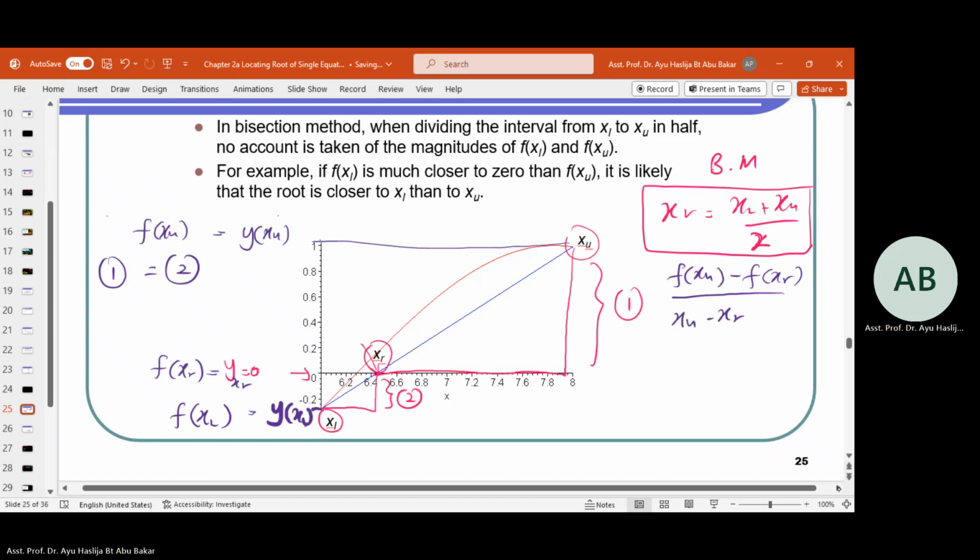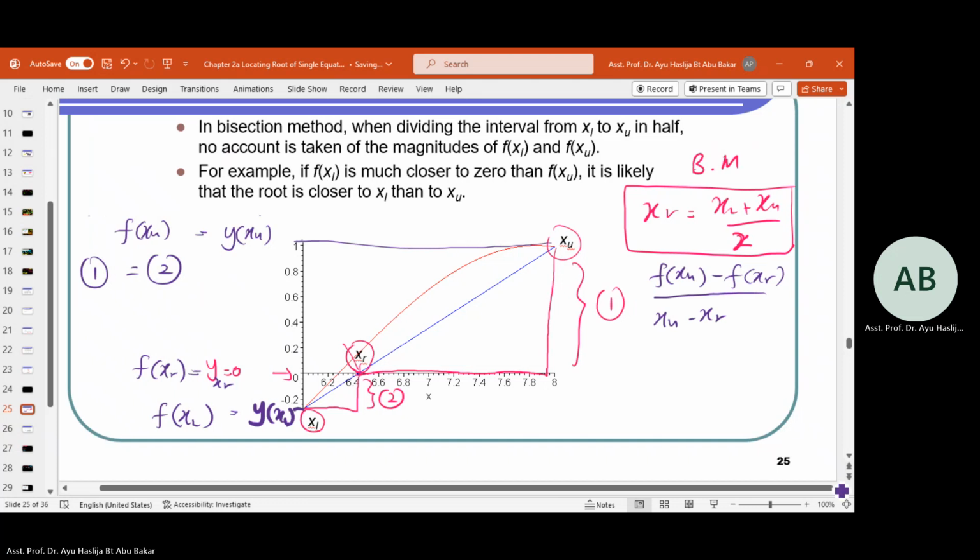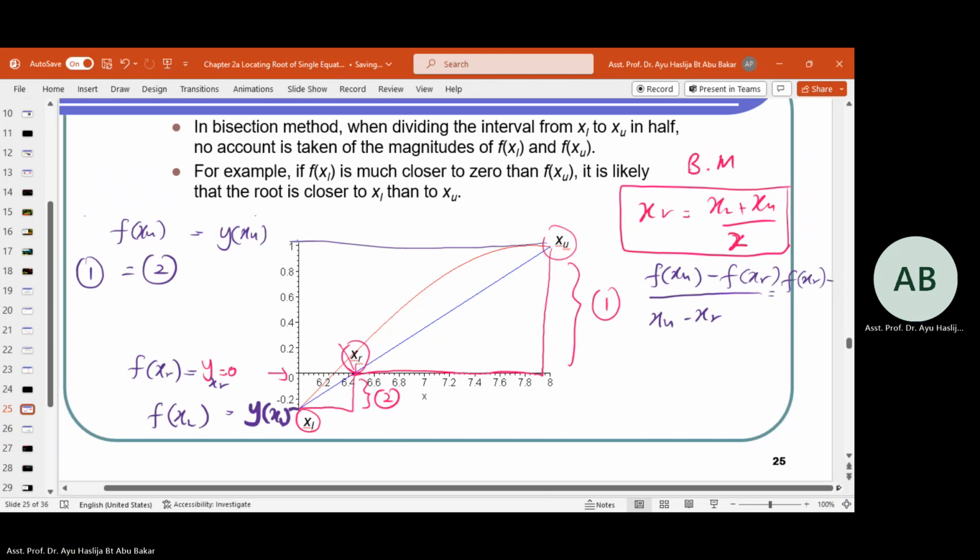Right. Gradient 2 is F(XR) minus F(XL) over XR minus XL. Right. Now our aim is always to find the XR.